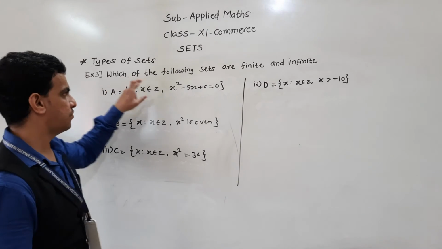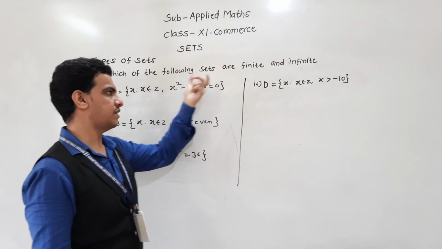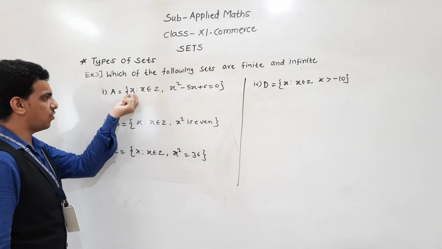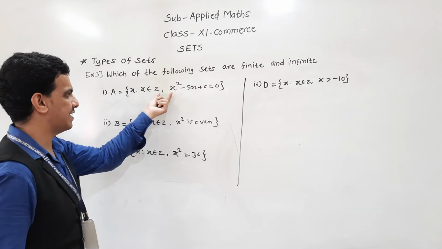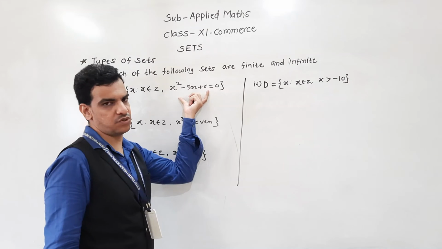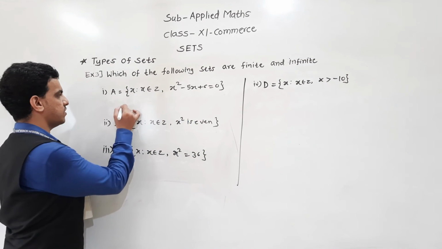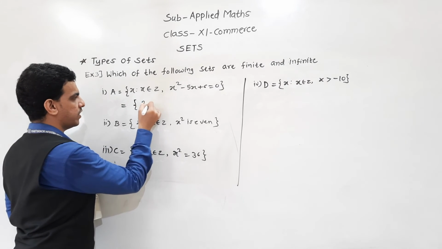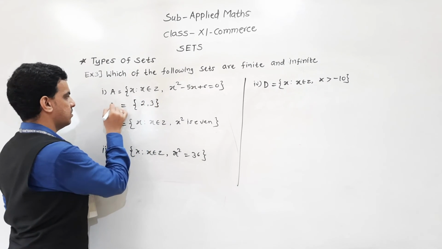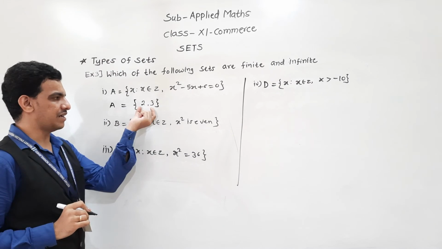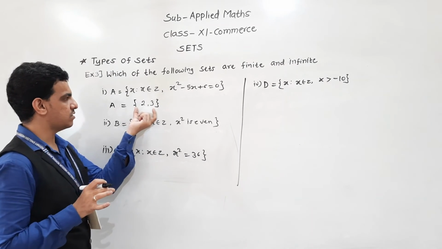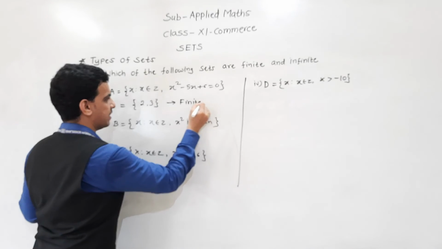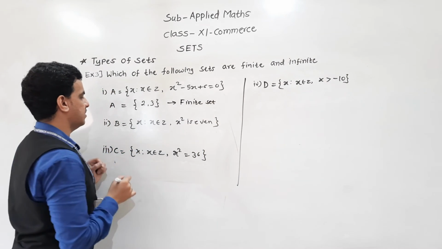Example 3: which of the following sets are finite and infinite. First, A is the set of all x belonging to Z such that x square minus 5x plus 6 is equal to 0. If we find the roots of this quadratic equation, they are 2 and 3. So this set contains finite elements, so A is a finite set.